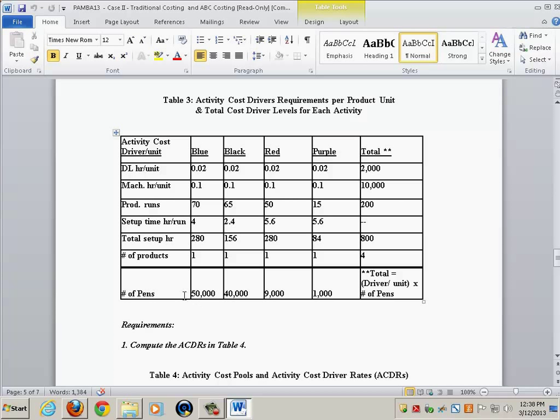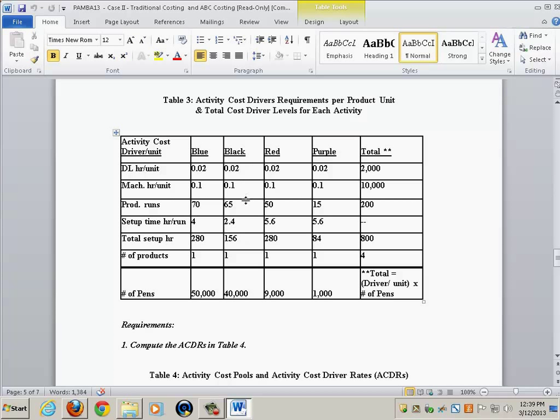Let's do it again. 0.1 for 50,000 is 5,000.